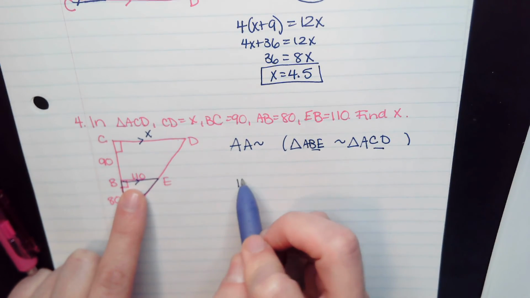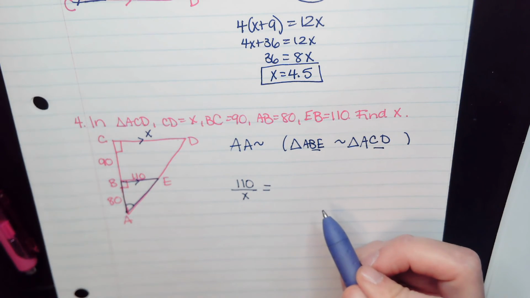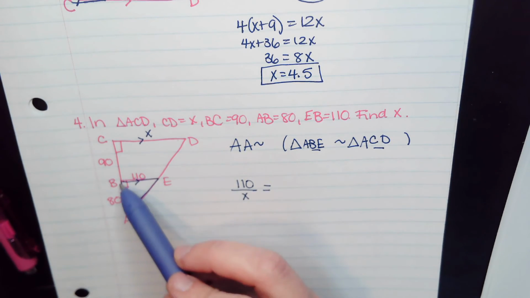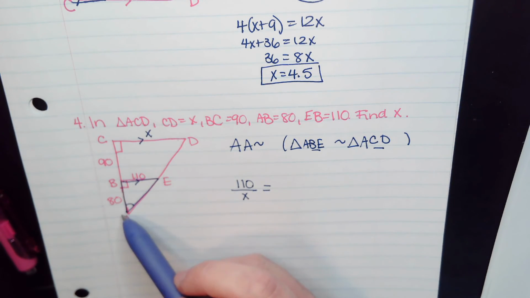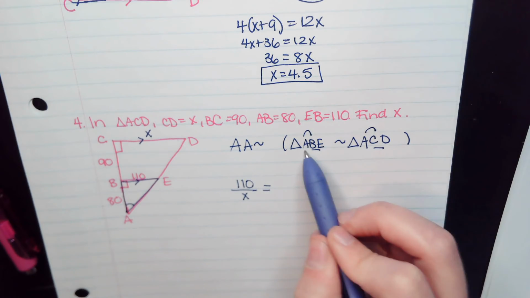So that's 110 over x. So now I need to set it equal to a pair of sides that I know both the lengths of, because I already have a variable in here. So I know the length of AB is the other side, the only other side I know in this little triangle. And AB will correspond to then AC.